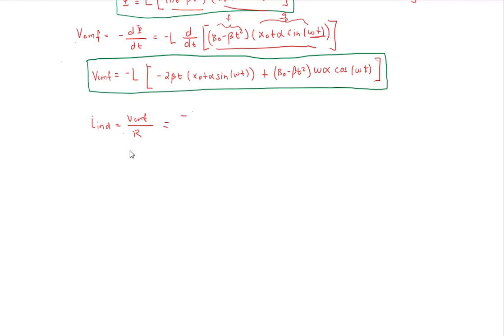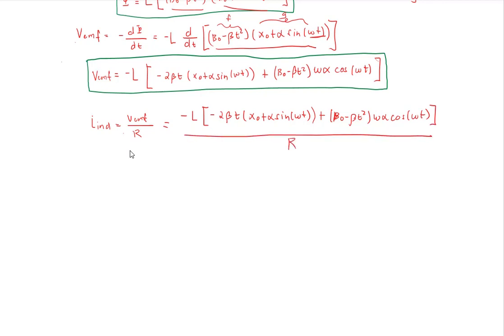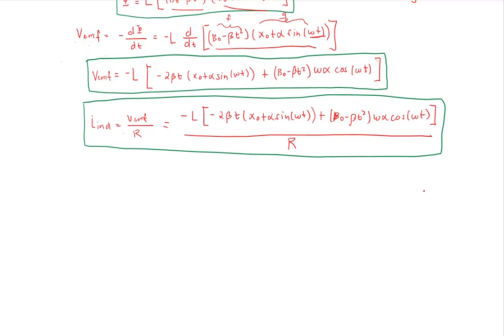That is going to be negative of the bracket: negative 2 beta t times x naught plus alpha sine omega t, plus B naught minus beta t squared times omega alpha cosine omega t, all over R. This is in amps.